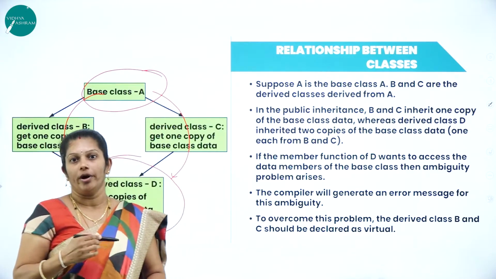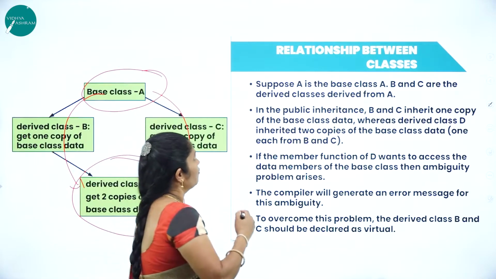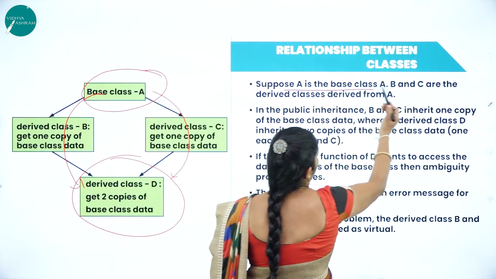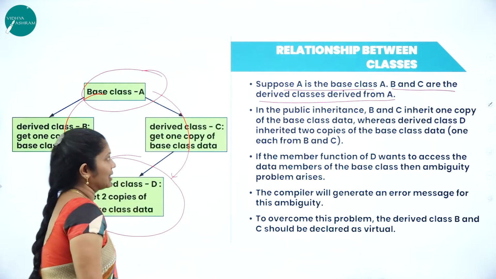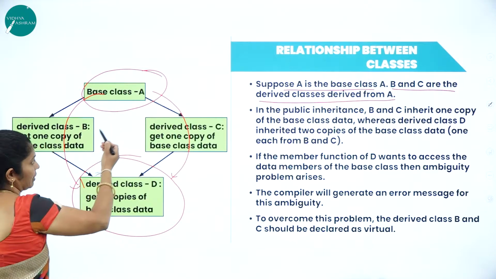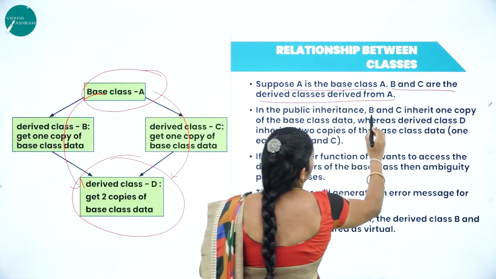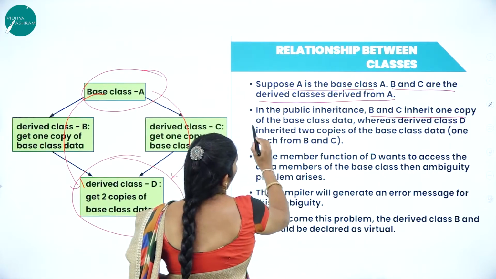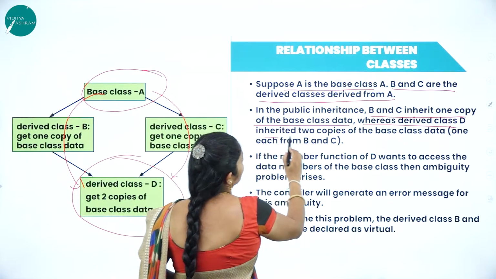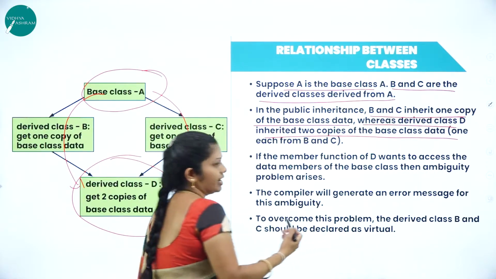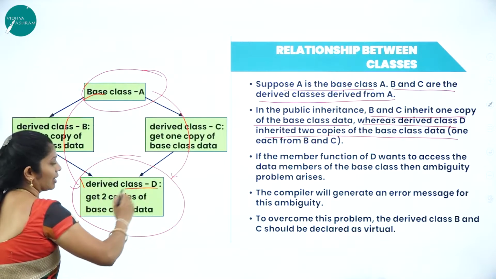That can also be avoided by making the base class virtual. Here, suppose A is the base class, and B and C are the derived classes derived from the base class A. In public inheritance, B and C inherit one copy of the base class data, whereas derived class D inherits 2 copies of the base class. It means that the same copy of the base class A is copied 2 times in the derived class D.